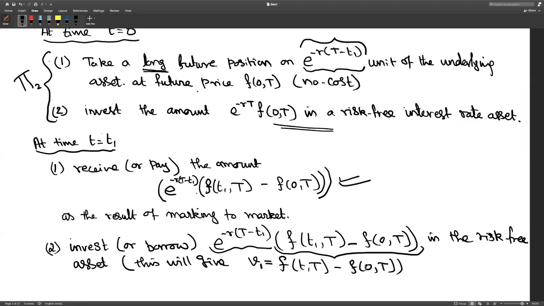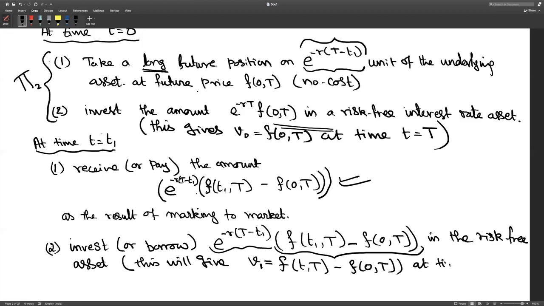So this is the amount it gives. Similarly here, how much money will you get? This gives V0 equal to f(0, T) at time t equal to capital T. Similarly here at time t equal to capital T, you will get this much money.